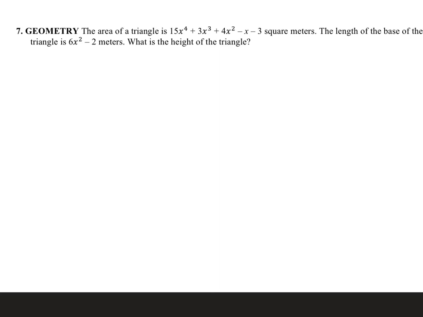Okay, we have one more word problem. The area of a triangle is, so let's recall the formula for area of a triangle. Area of a triangle is 1/2 base times height. We have the area as a polynomial. We have the base, and we're finding the height.